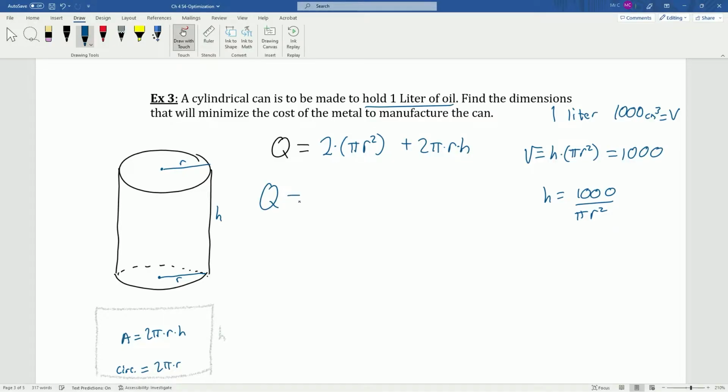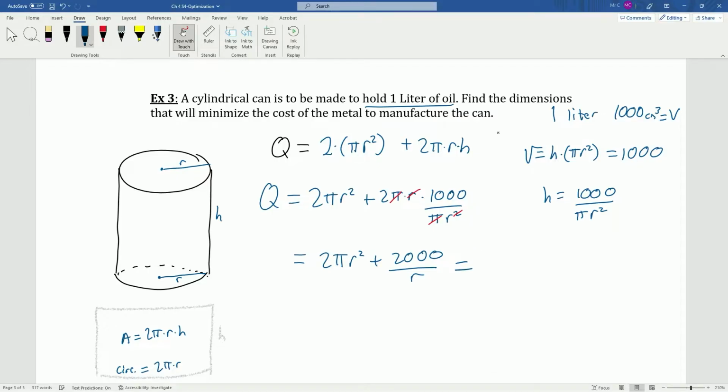So our quantity becomes 2 pi r squared plus 2 pi times r times 1,000 divided by pi r squared. Do a little simplification here. Pi over pi cancels. R over r squared becomes just 1 over r. So this becomes 2 pi r squared plus 2,000 divided by r.